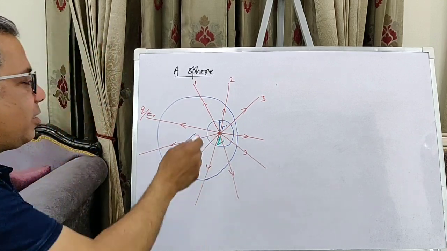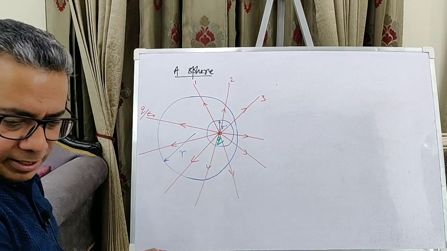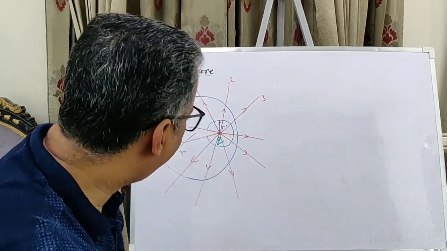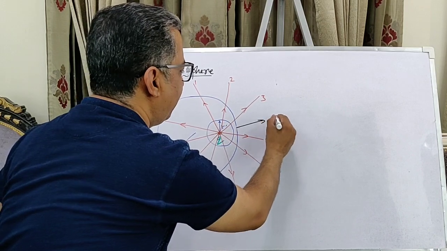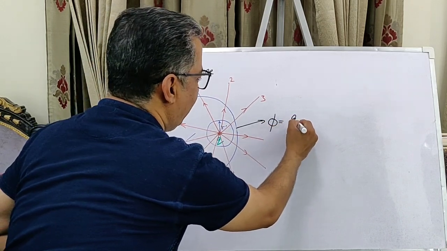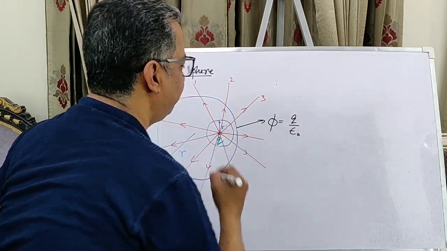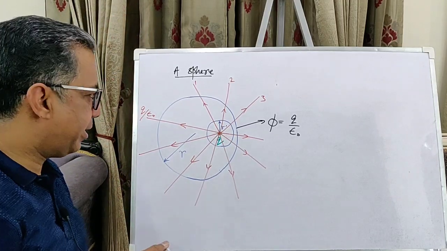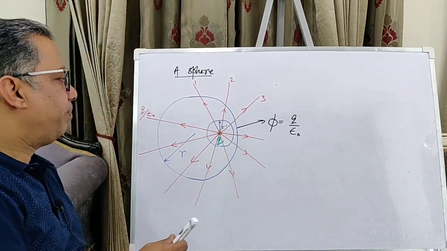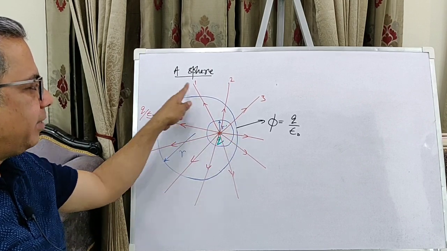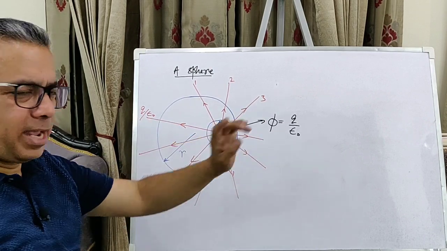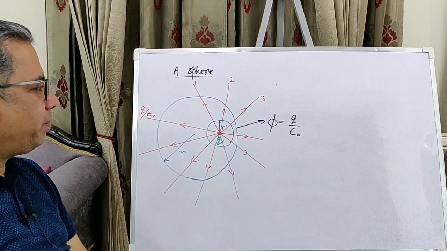So the flux through the larger sphere would have to be the same. So the flux through this sphere remains q by epsilon naught, which is very interesting. So even when the charge was not placed at the center of the sphere, the flux still remained q by epsilon naught.